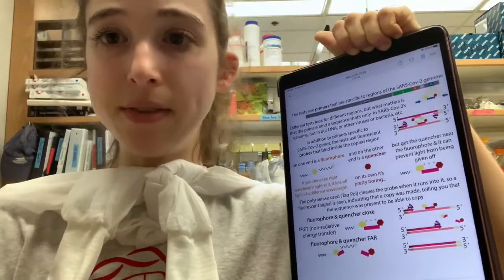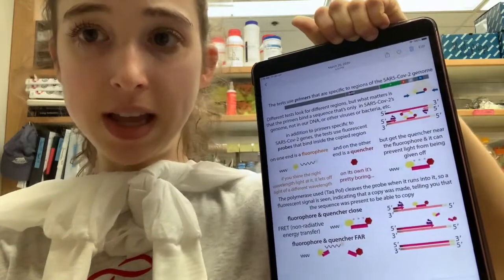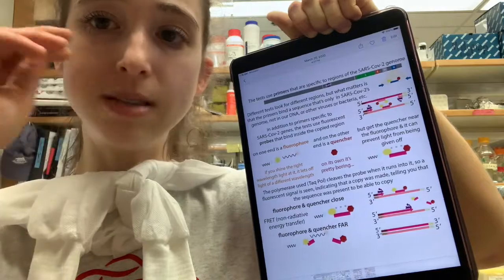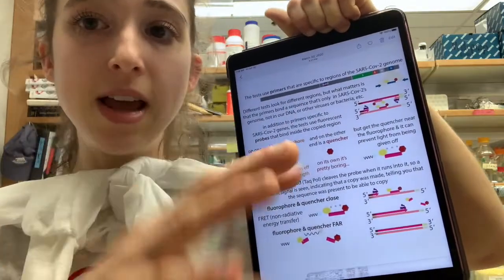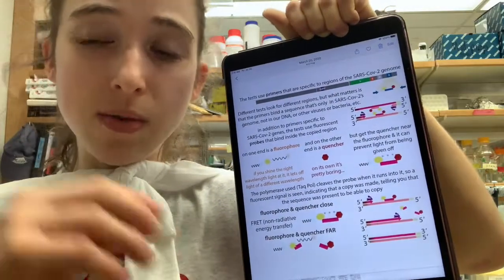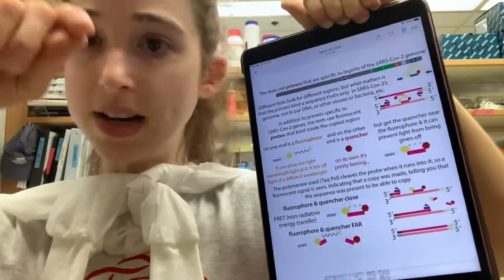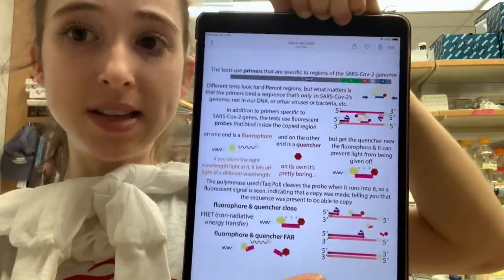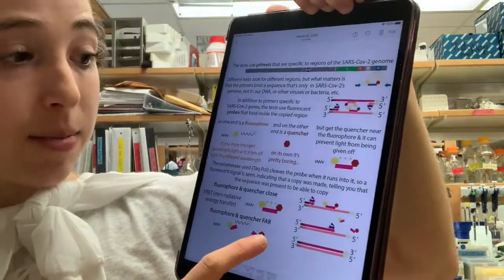Basically, the wavelength of light is related to how much energy the light has. Because it's releasing light with less energy, since it used some of it, that light is going to be a different wavelength. And so if you set your detector to detect that specific wavelength that you know it's going to emit, then you can detect the fluorescence, so that light coming off.